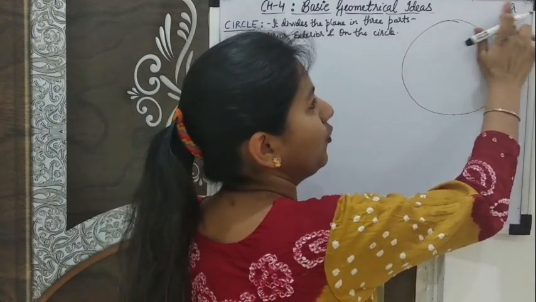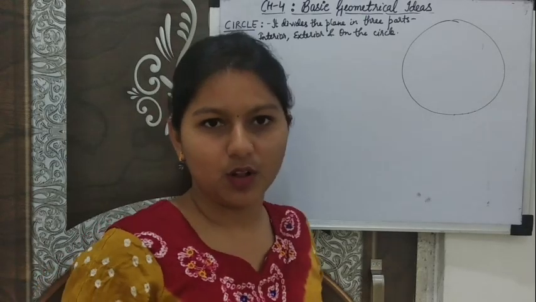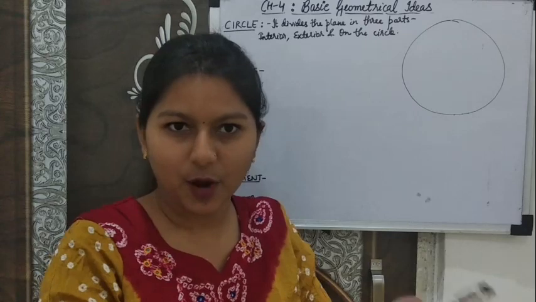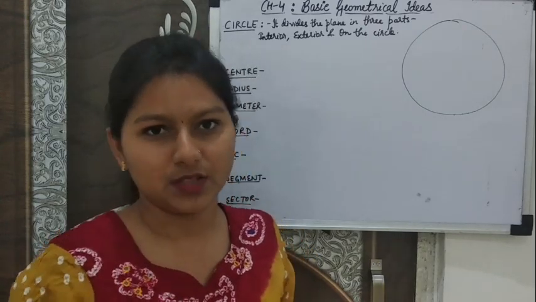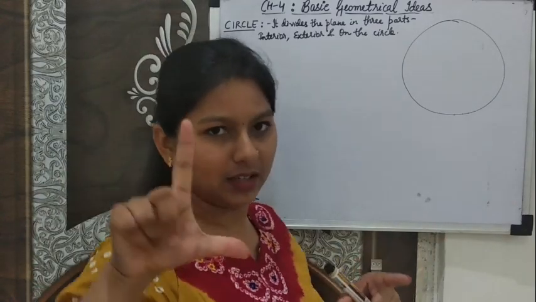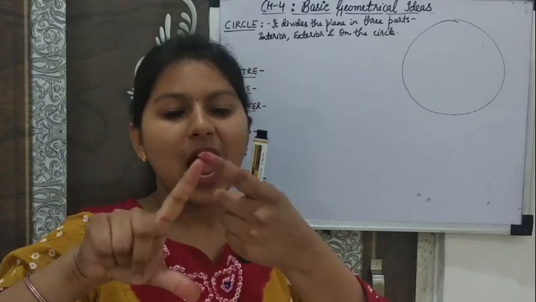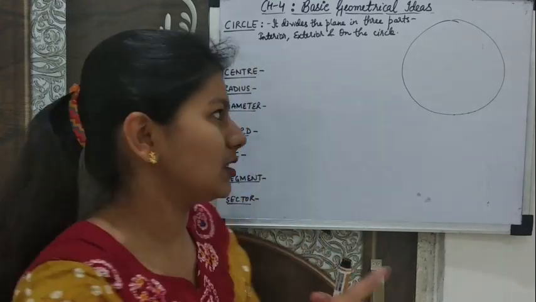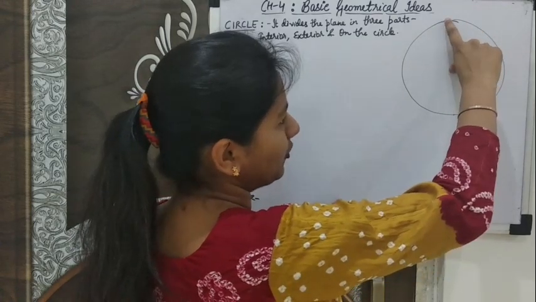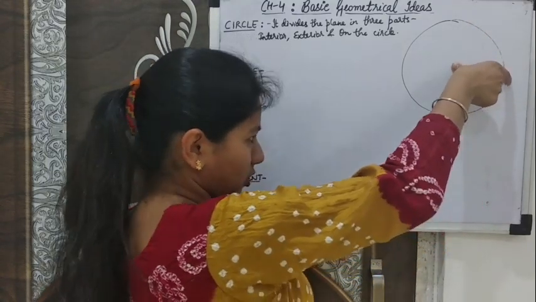Now we will define what a circle is. We know that whenever we want to draw a circle, we use the instrument compass from our box. Suppose we take my hand as the compass. This is the metallic point of the compass, and this we can take as the pencil. So the metallic point is fixed at one point, and from there I am simply locating so many dots.